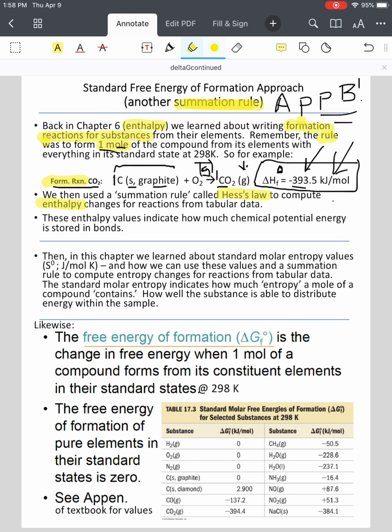And the reason why Hess's law works is because enthalpy change was a so-called state function. State function. You may remember that terminology. Basically what that means is it doesn't matter how you get from point A to point B. You can go a circuitous path, you can go a direct path. But if a variable is a state function, it doesn't matter how you get from point A to point B, as long as you do go from point A to point B, whatever you're measuring is the same.